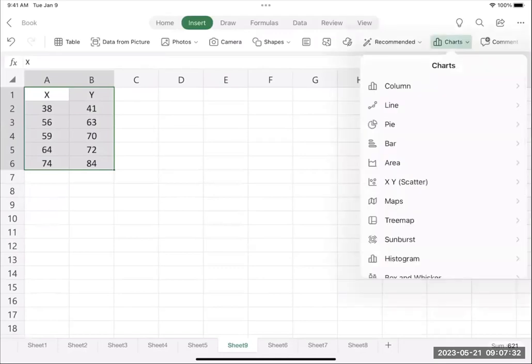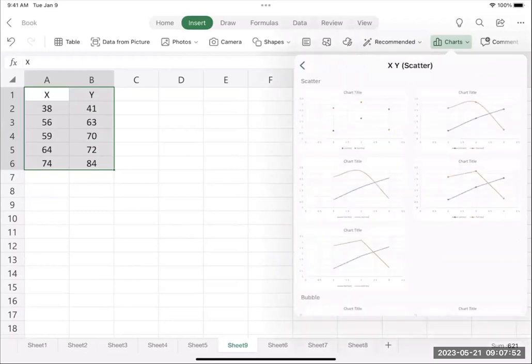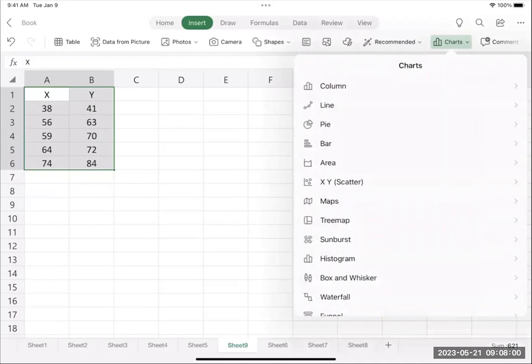I have some options. I want to make a scatter. You see, XY scatter. And you could put labels. You could call X what it is and Y what it is. Femur, humerus, right? But for now, I'm just going to do XY scatter. And I'm going to pick, I don't want that. That's not what I want. I don't want to scatter the two.